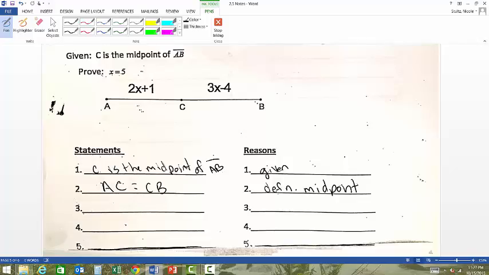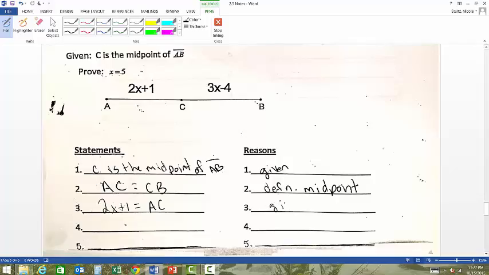Now, since AC is equal to 2x plus 1, I'm actually just going to plug that in here. I'm going to say that 2x plus 1 equals AC. Even though they didn't write that up here in the given, they put it in the picture. So if they put information in the picture, you have to count that as given.